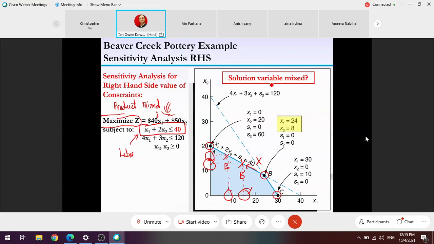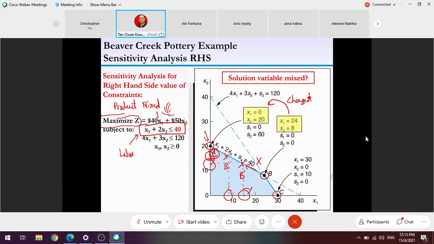The solution variable mix does not change either, because it still produces two products. But when we reach point A, the solution will be don't produce ball, produce 20 mug. In this case, we say the solution variable mix changes.